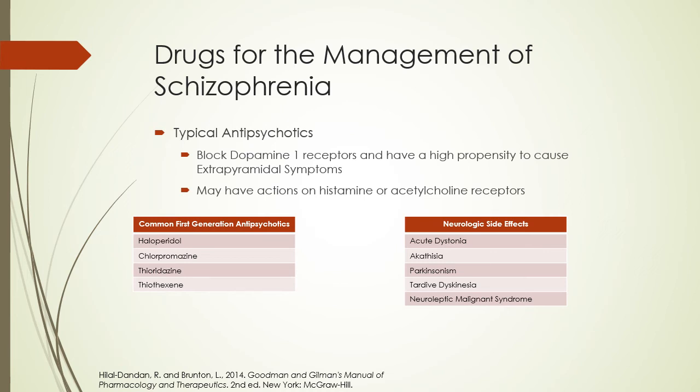Again, because they are not fairly specific to the dopamine 1 receptors in the ventrotegmental area, the VTA, which is the region of the brain where high dopamine activity is associated with psychosis, they will also block dopamine receptors in the nigrostriatal area, which, as we have discussed in the treatment of Parkinsonism, by blocking dopamine there, they will produce symptoms of Parkinsonism.